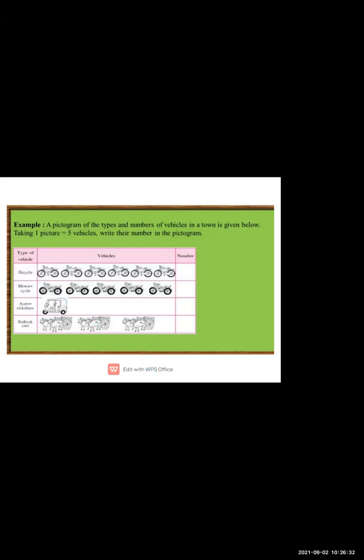Now, how will you come to know? First, you will count. How many bicycles are there? 1, 2, 3, 4, 5, 6. 6 bicycles are there. One picture is equal to 5 vehicles, so you will multiply 5 by 6. 6 5s are 30. So your answer will be 30.